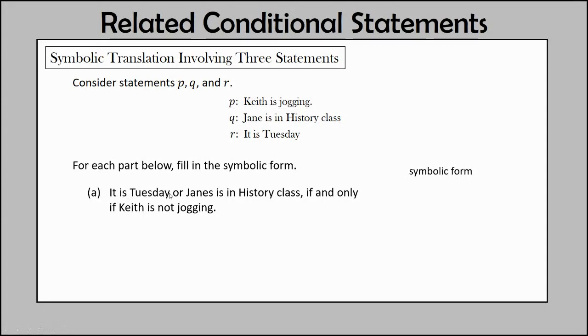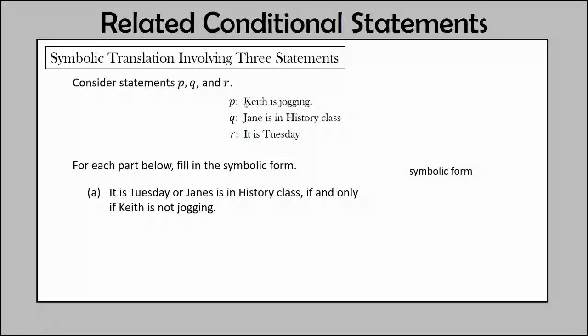So: it is Tuesday or Jane is in history class, comma, if and only if Keith is not jogging. The first part, it is Tuesday or Jane is in history class, is going to be in grouping symbols. If and only if is going to be the symbol I use, then Keith is not jogging. Okay, so it is Tuesday is R, or Jane's in history class, that's Q. So it's R or Q in parentheses, if and only if Keith is not jogging.